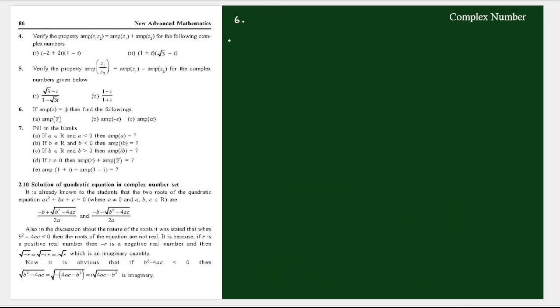Let me show you. What is the amplitude of z bar? Solution: given amplitude of z equals phi. So what is the amplitude of z bar, with property 1?